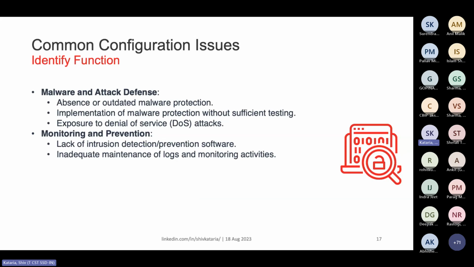Then we have malware also as one of the vulnerabilities in the system. If your system does not have anti-malware installed, it's also one of the vulnerabilities that could exist there. Then denial of service is very dicey stuff to control.